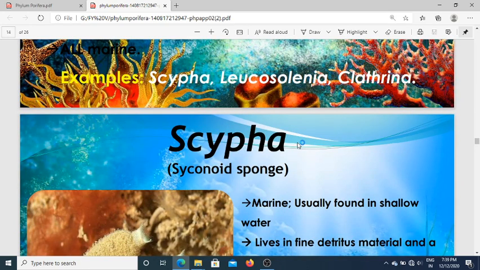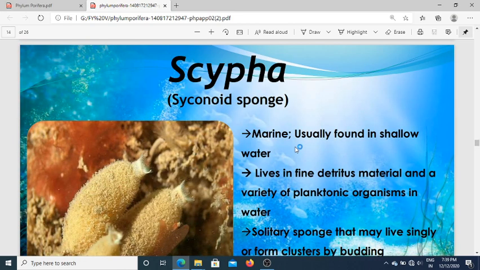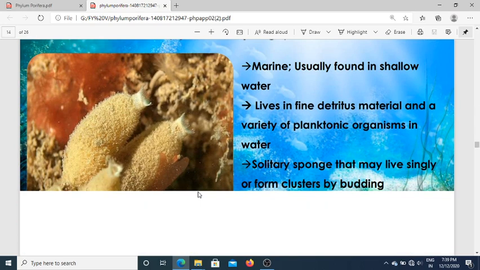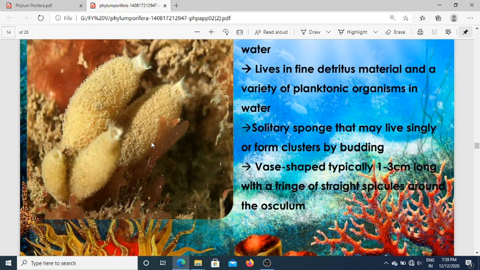The first example is Scypha. It is an example of the class Calcarea.